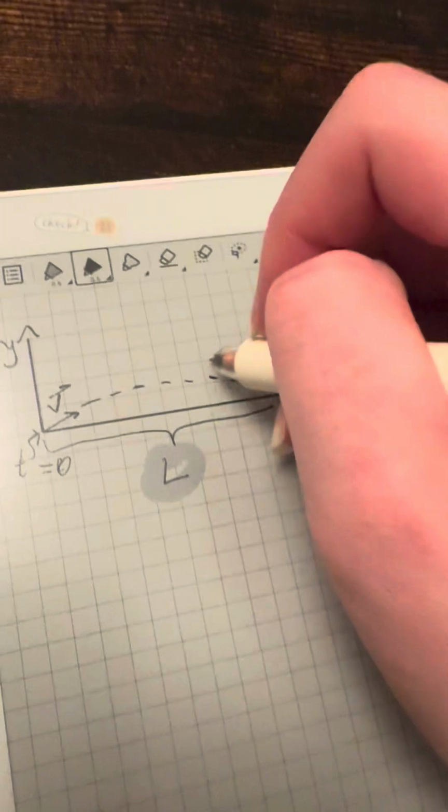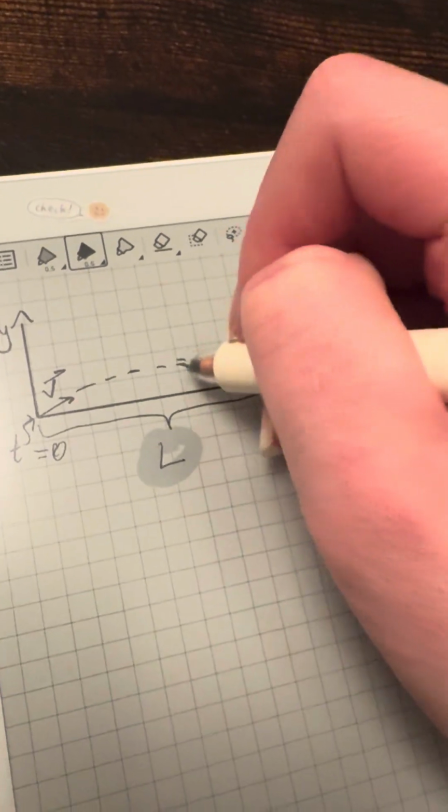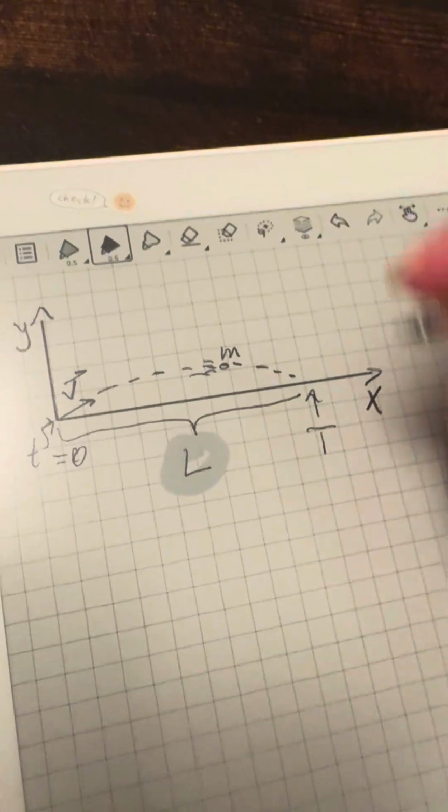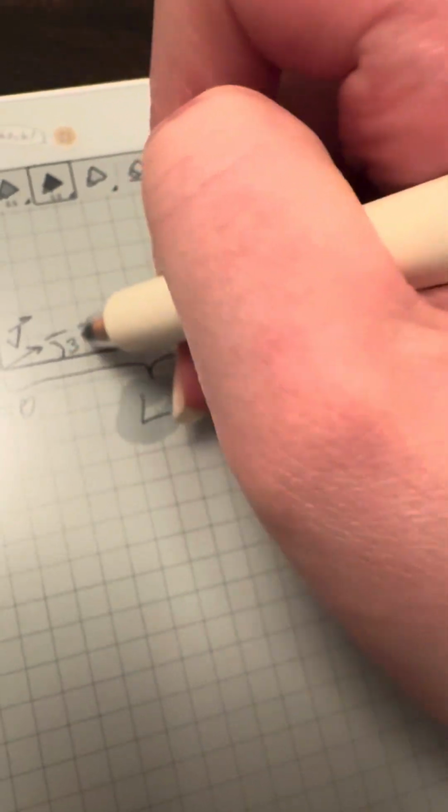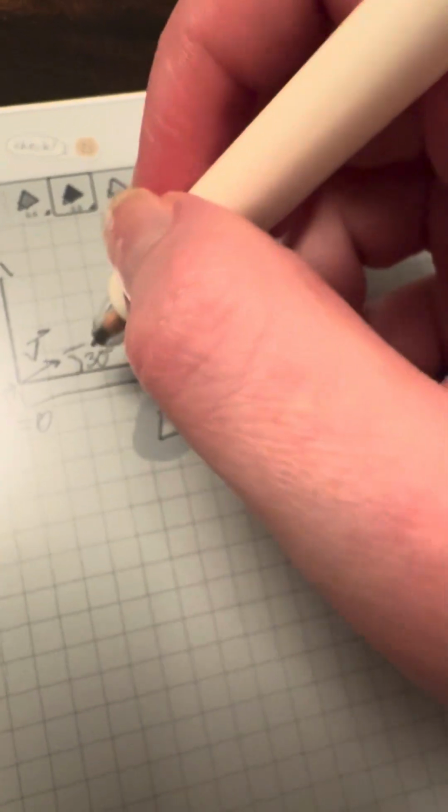This is the final time. Yes, and we have a mass flying. This is the velocity, and this is a known angle, theta, which is 30 degrees.